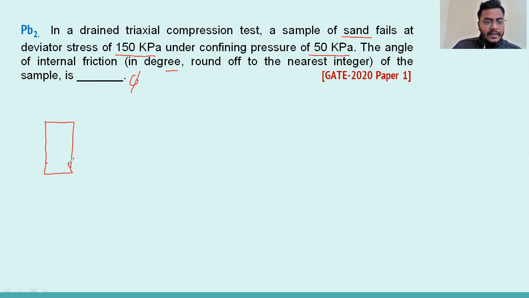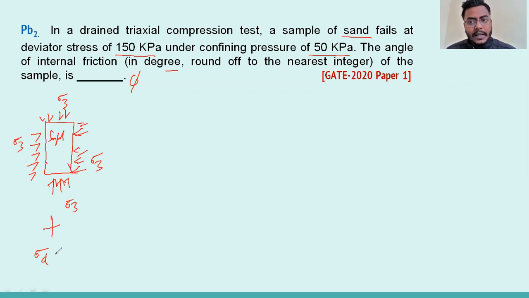In a triaxial test, there is a cylindrical sample, and first we give some confining pressure, that is sigma 3. After that, we give some deviatoric stress sigma d by applying it from the jack, from the machine. We apply some extra pressure from the vertical direction.